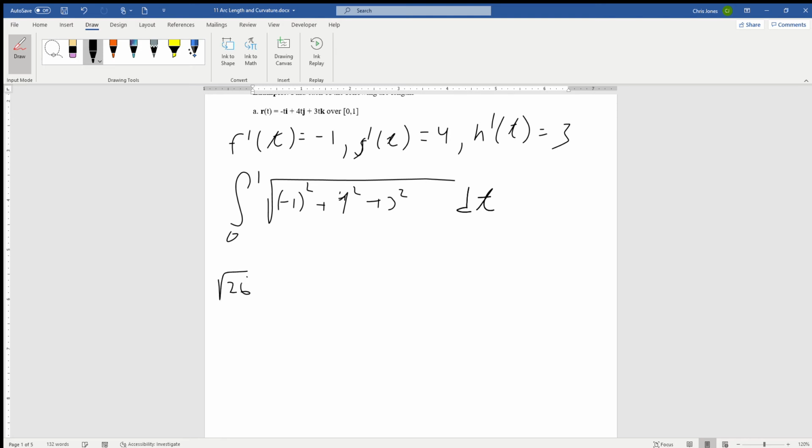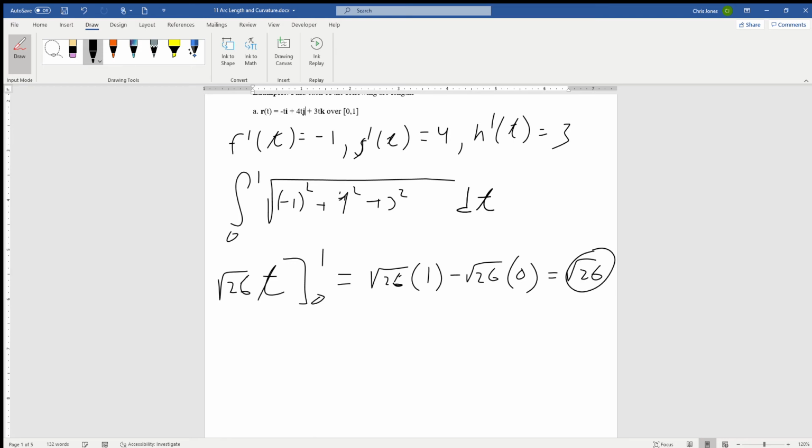The antiderivative of a constant is just the variable t, ranging from 0 to 1. Remember, the fundamental theorem of calculus says we plug in the upper bound, plug in the lower bound, and subtract. So that's root 26 times 1 minus root 26 times 0, which is just root 26. Nice and easy.